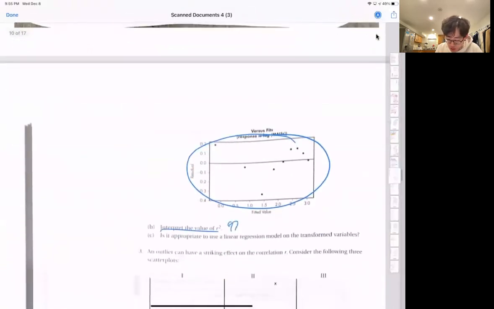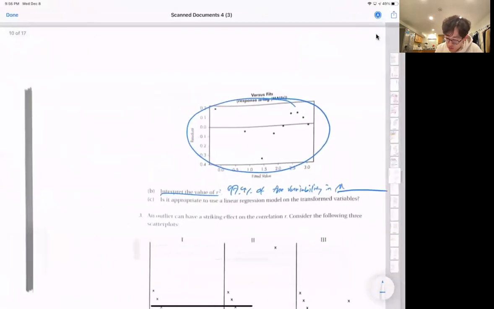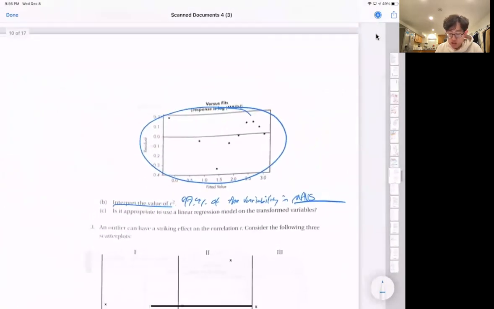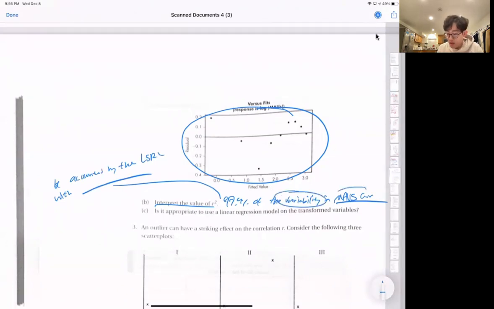So 97.9% of the variability in the response variable, which I think is MAUs, can be accounted for by the least squares regression line with the explanatory variable. This is just a very abbreviated one. Just go back to the template and you will see how similar this is. There's the word variability, the response variable, you plug it in, accounted for by the least squares regression line with the year or number of years or something like that.